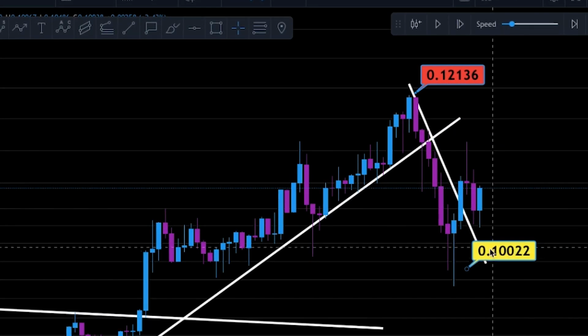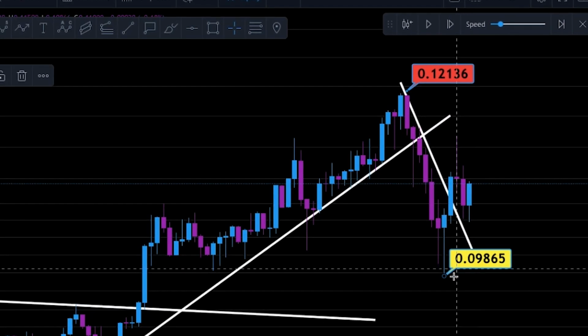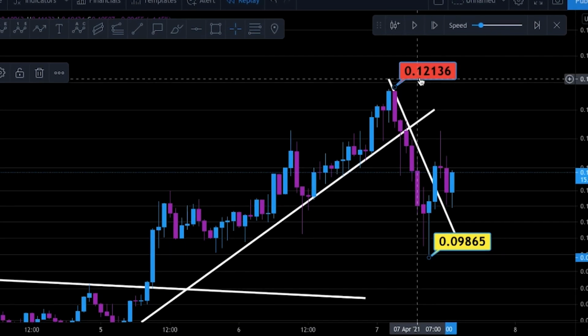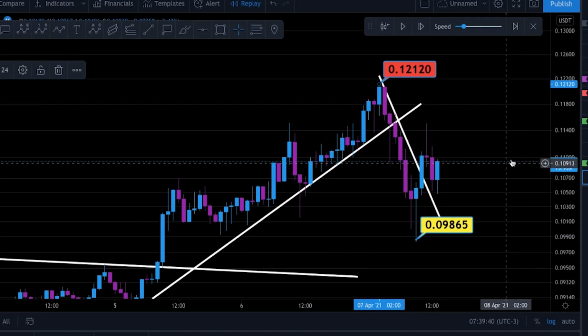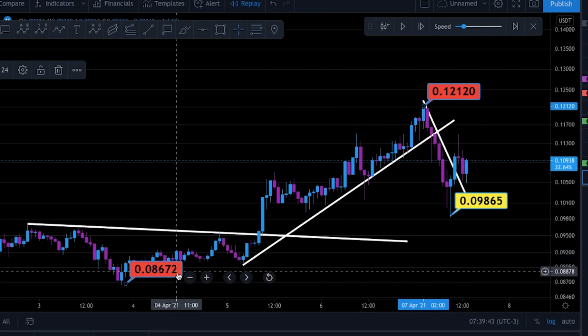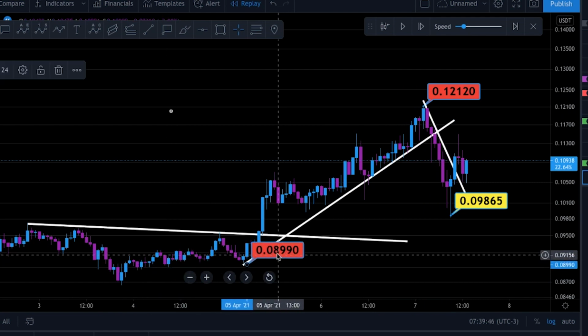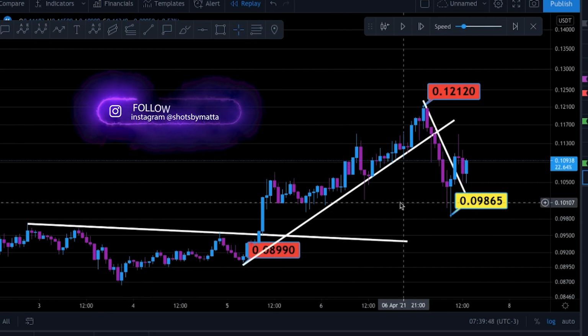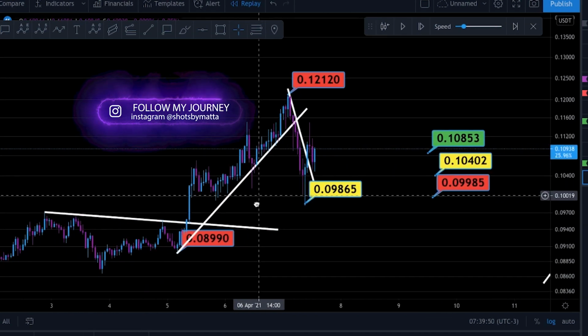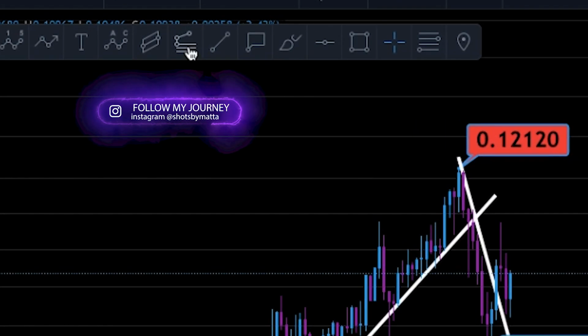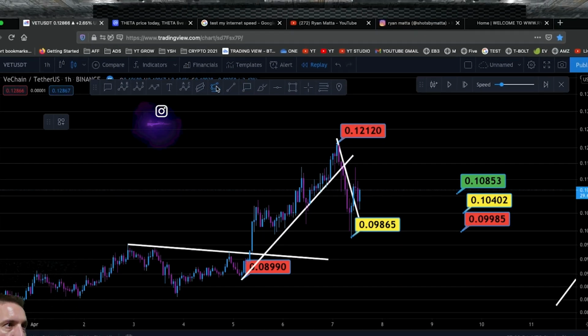What we have here now is a low, which was 9 cents. We had our peak over here, which was 12 cents. And we have our low right here before the trend break of 8 cents. Now we can get back out our Fib Extension tool, which is this one right here.